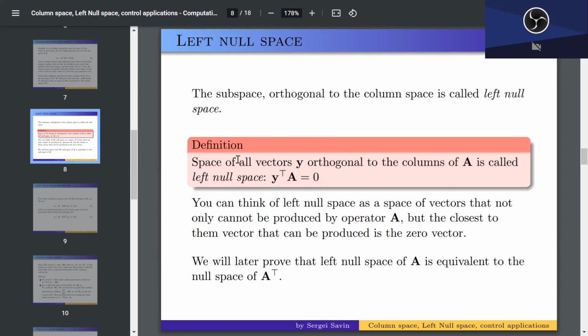And we actually will define it as the space of all vectors y orthogonal to the columns of A. That is what we will define as left null space. So here's the definition. You can think of left null space as a space of vectors that not only cannot be produced by operator A, but the closest vector to them that can be produced by A is the zero vector.